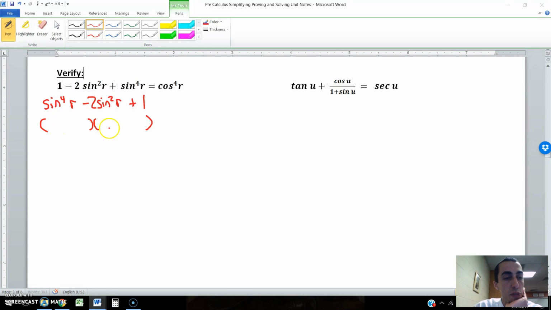The things in the first 2 spots need to multiply together to get sine to the 4th power. One of the ways we can do that is by doing sine squared in both spots. Multiply to get sine to the 4th. Next up, these last 2 spots need to multiply together to get positive 1.